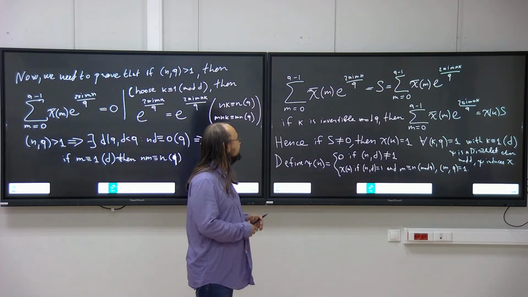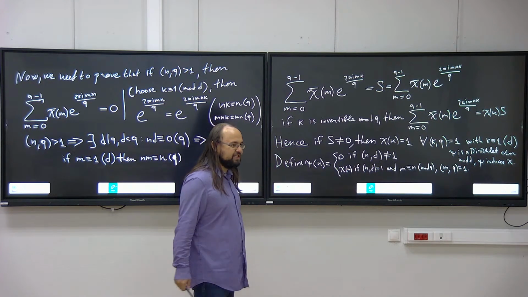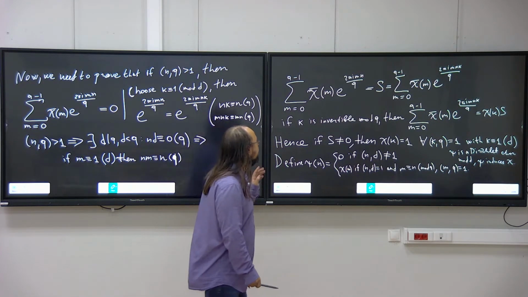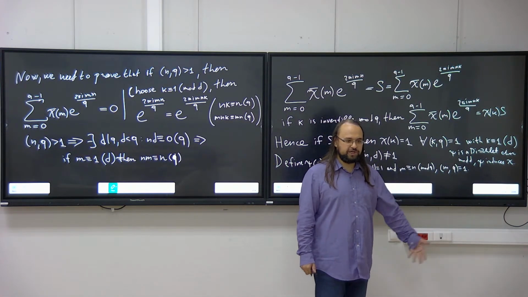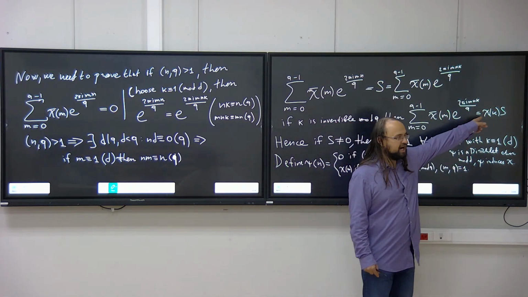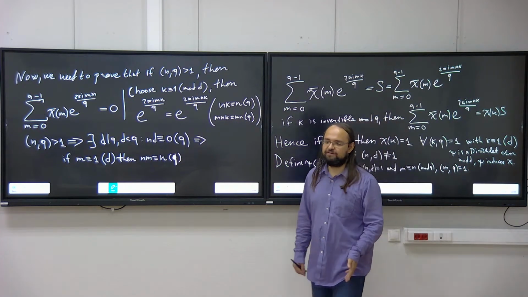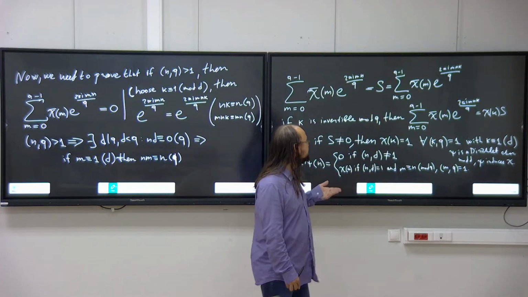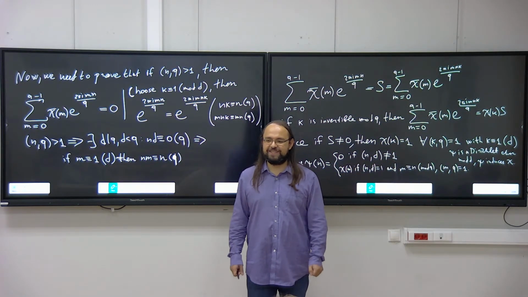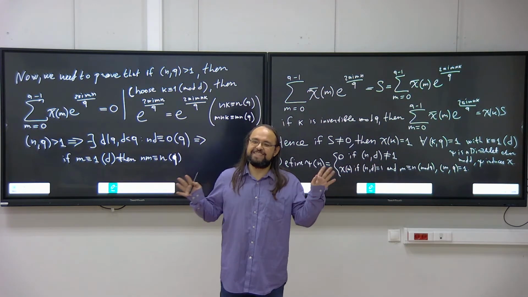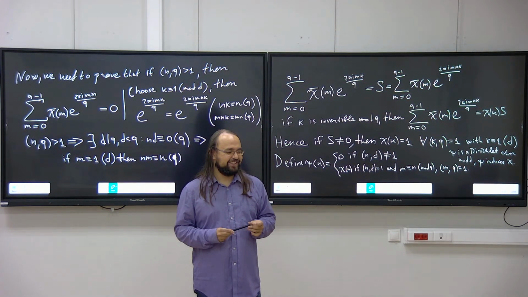So once again, if our sum is non-zero, then for any k which is coprime to q and congruent to 1 modulo d, we have chi of k is equal to 1. This actually means that your character does not essentially depend on your residue modulo q.